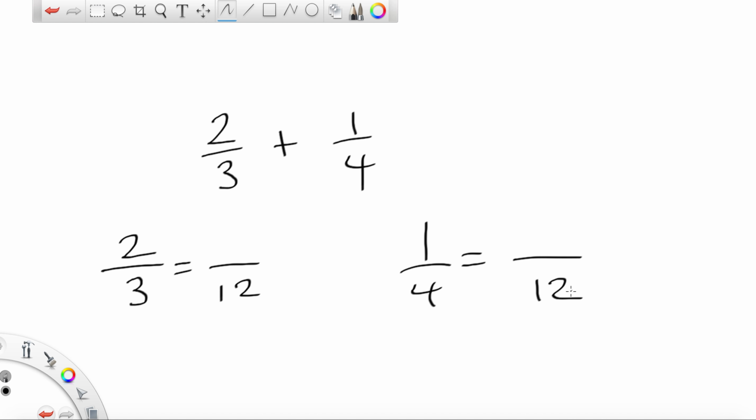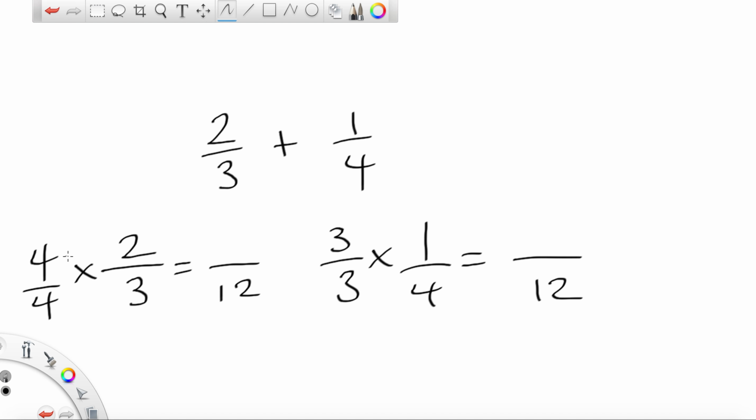We think, well, I know I can times this by 1 and it's okay, it's not going to change it. But 1 is also a number over itself, so to get a 12, we need it to be a 4 underneath, so our 1 is going to be 4 over 4. On this side, our 1 has to be 3 over 3 to get the 12 there.